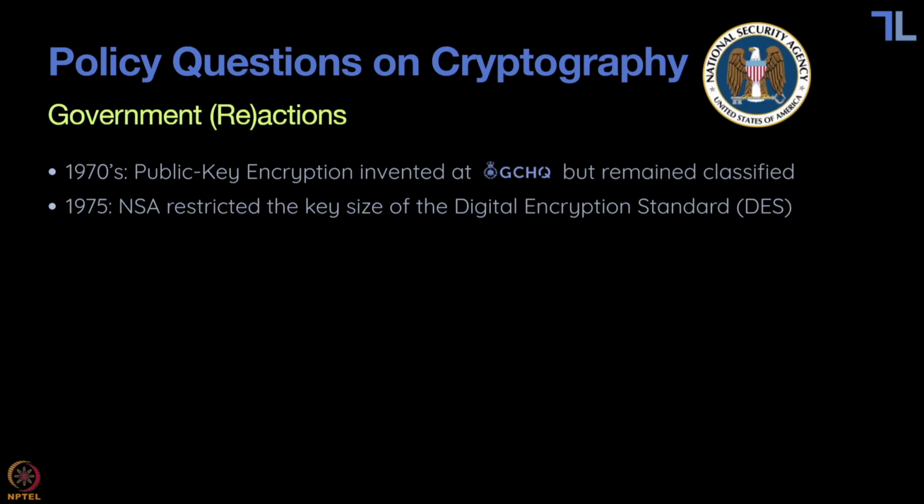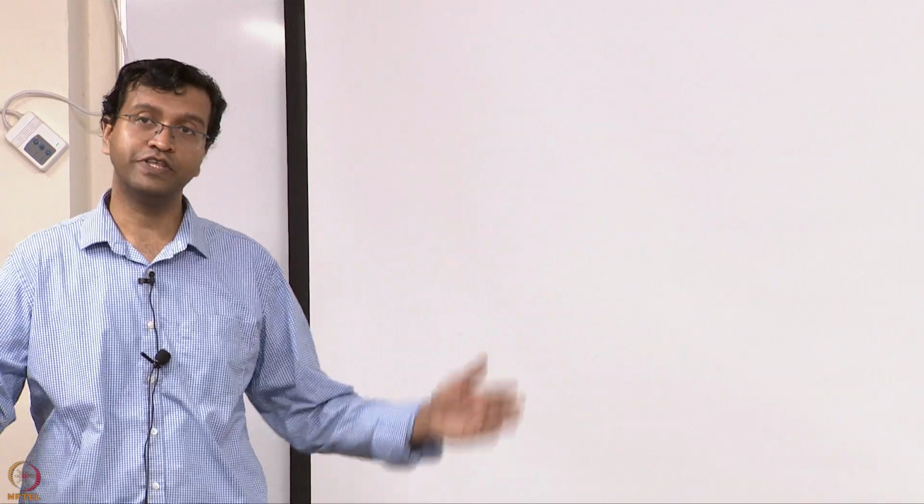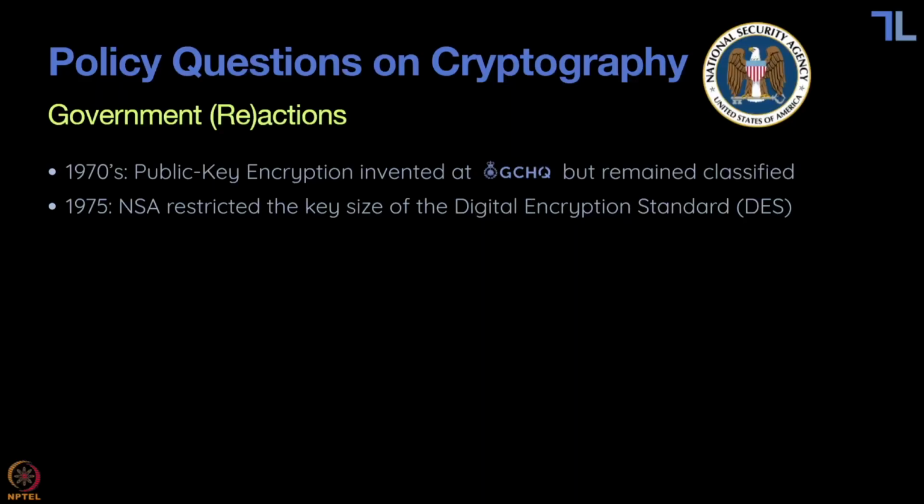In 75, when these block ciphers were getting standardized, NSA restricted the key size of DES, the Data Encryption Standard, so that it would be breakable with a lot of computational power, but still, they didn't want it to be too strong. So that's NSA, with its tentacles.